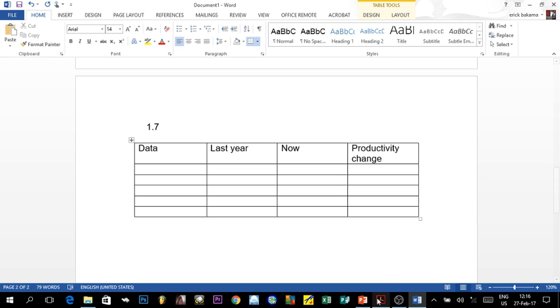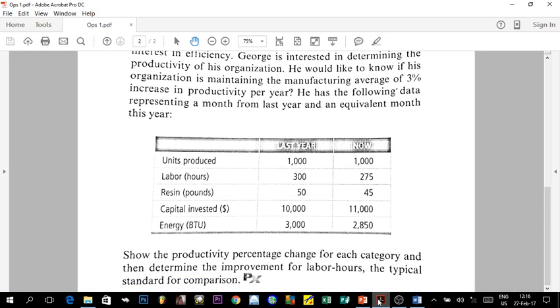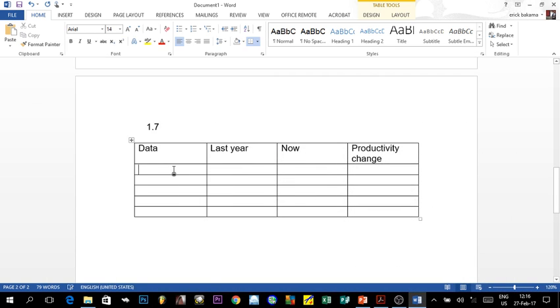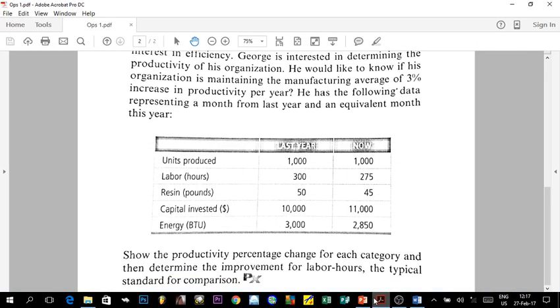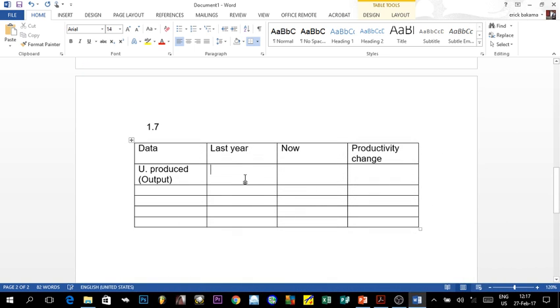So the first thing that we have is the units that are produced. I can call it U produced, which is another way of saying the output. Last year the output was 1000 units, and now it's still 1000 units, so there's no change here.